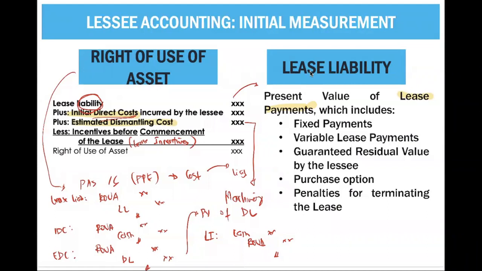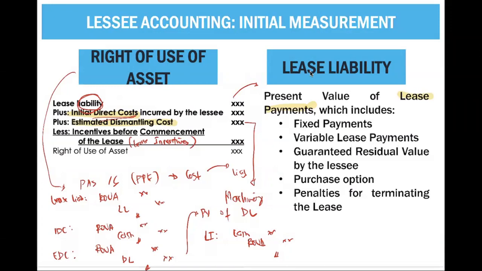Since it is used by the lessee, of course, the performance of the asset will decline as time passes by. So the lessee should guarantee a certain amount that at the end of the lease term, the property will still have this value. We call that your guaranteed residual value, or the residual value given by the lessee to the lessor.